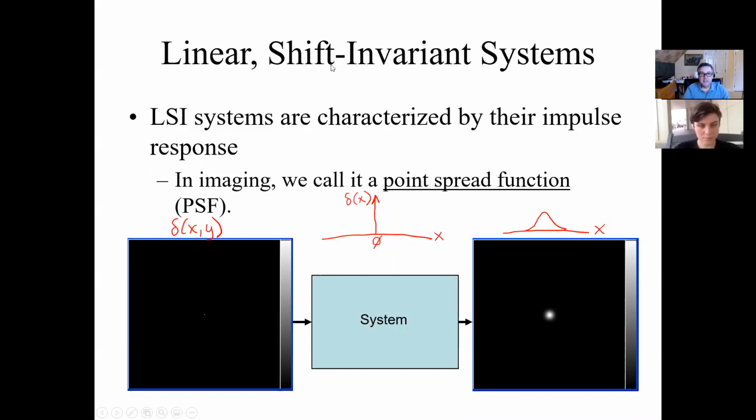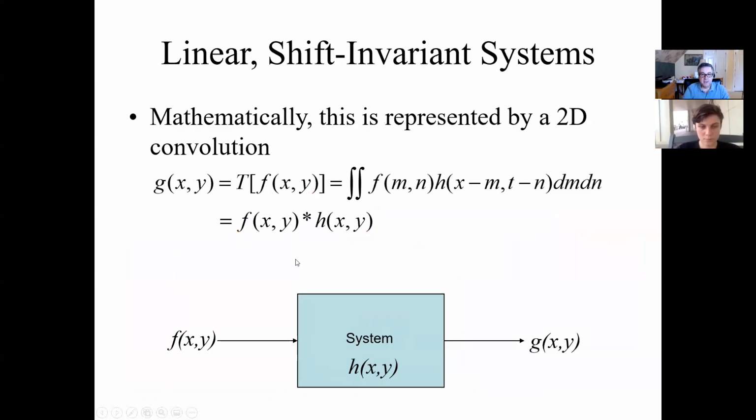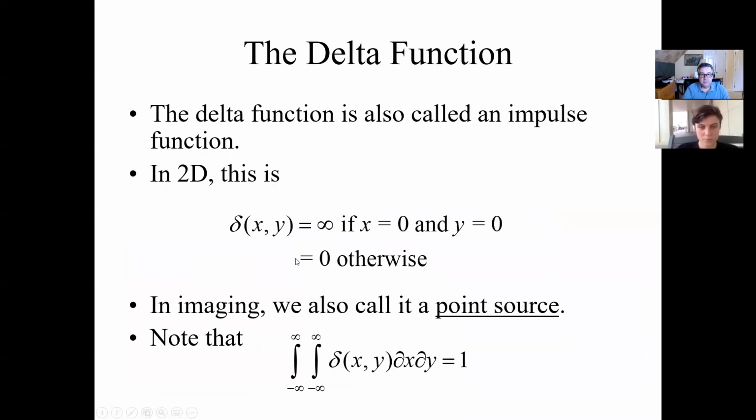Because it's shift invariant, if I move this point anywhere in the field of view, I'm going to see the same output, just moved to a different place in the field of view.